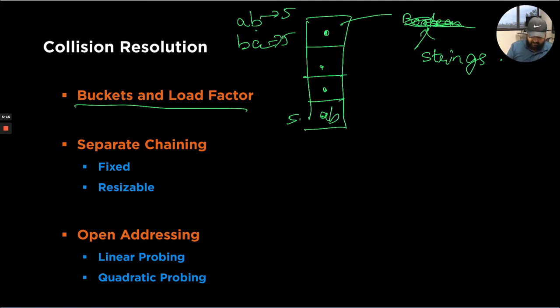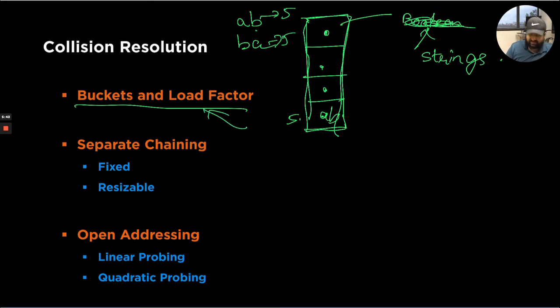Now when BA comes in, AB is already stored, and we will see how to handle that through collision resolution. But the idea of buckets is that this is the first level of the data structure in the hash table. It has to be there no matter how you design it, and the number of buckets is one of the parameters that define a hash table.